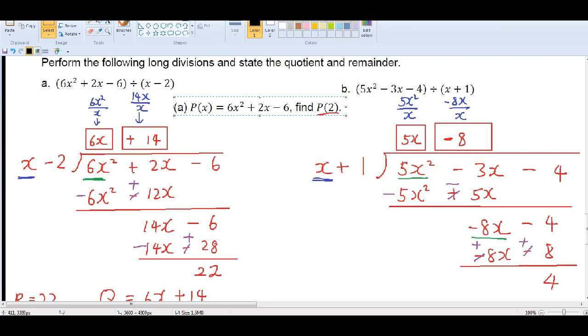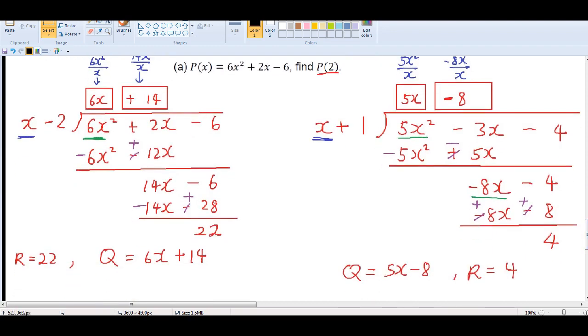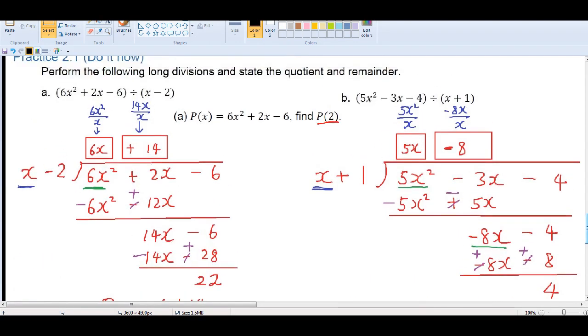Alright, then in the last long division, the long division we learned last time, you got a remainder which is 22. Now you substitute 2 into x, what do you get?